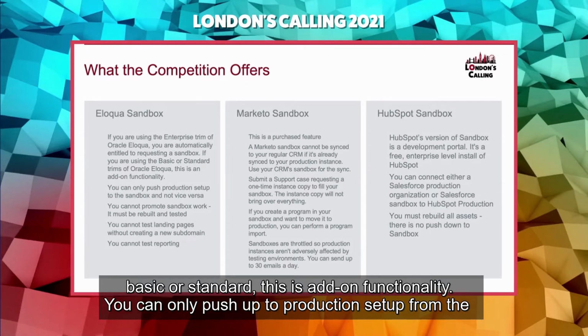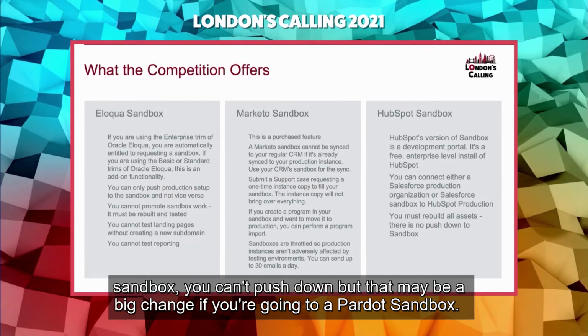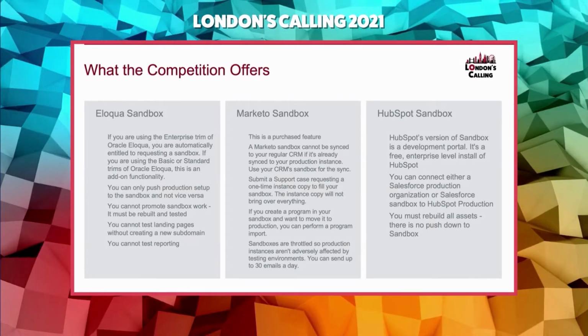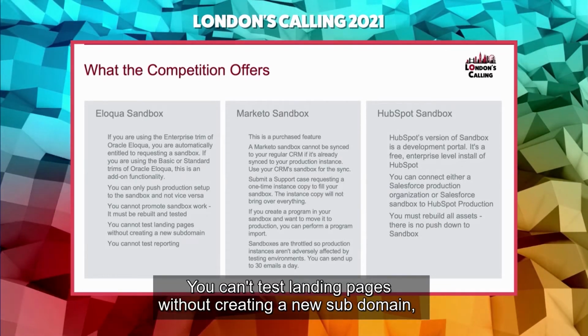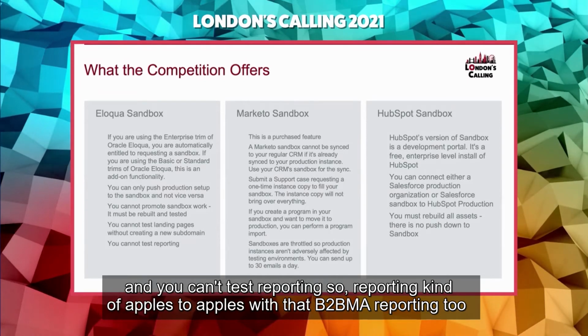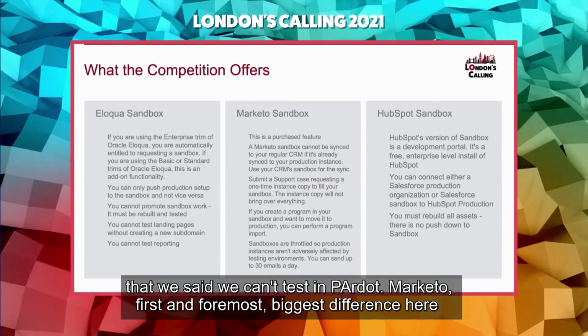You can only push up to production from the sandbox. You can't push down, but that may be a big change if you're going to a Pardot Sandbox. You can't test landing pages without creating a new subdomain, and you can't test reporting. So, reporting is kind of apples to apples with that B2B MA reporting too that we said we can't test in Pardot.